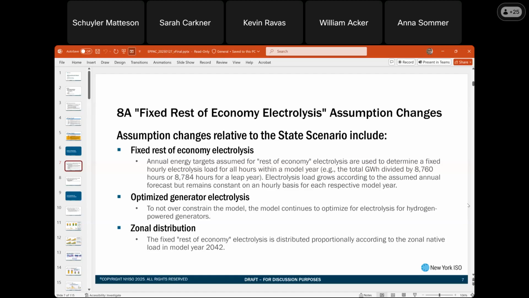Where chronology is not preserved is between each of those days. So it's not like a full week or a full year where it would flow hour by hour throughout the entire time frame, but each day does have that chronology preserved. I hope that helps clarify a little bit.